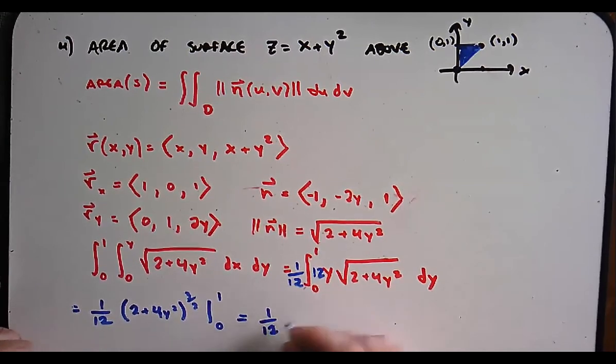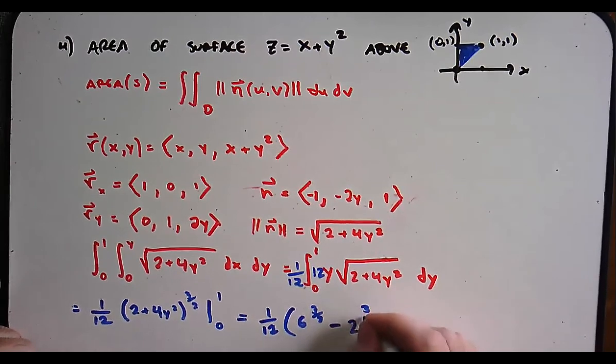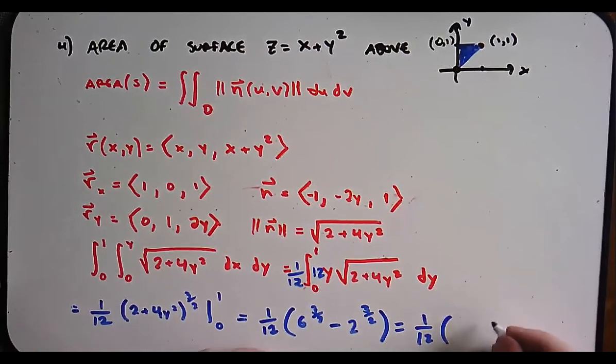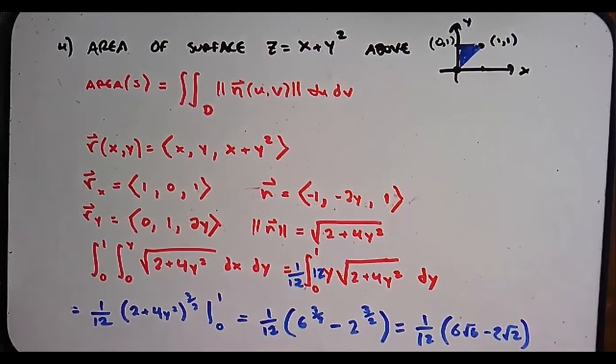So 1/12 times 6 to the 3/2 minus, plugging in y equals 0, that would be 2 to the 3/2. So both of those are irrational, so it's okay to leave them like this. Or if you prefer roots, this would be 1/12 times 6 root 6, I think. Yep. And 2 root 2. And we're done.